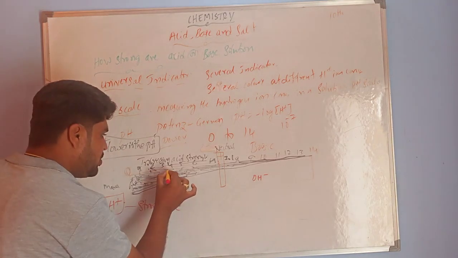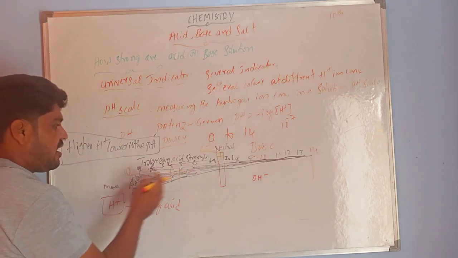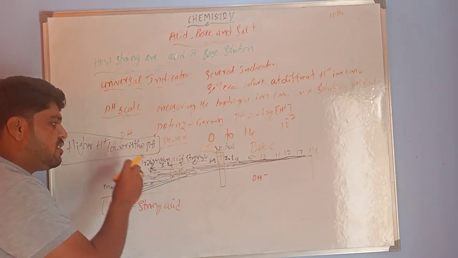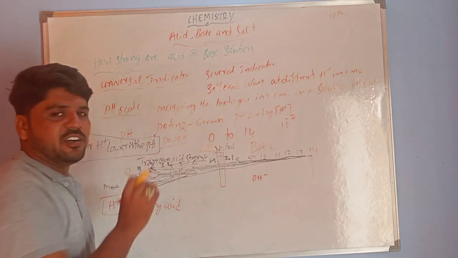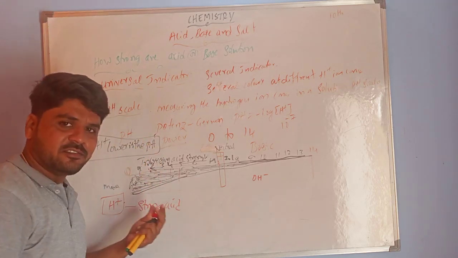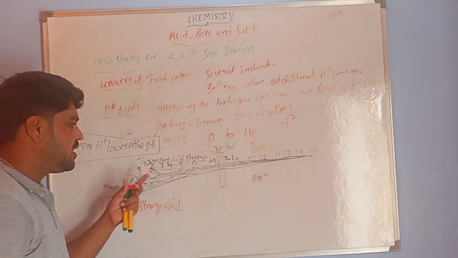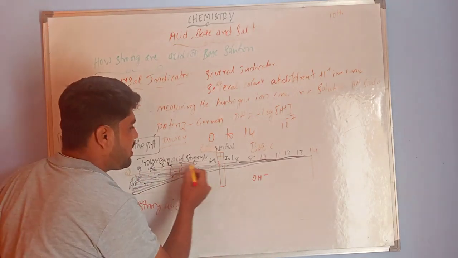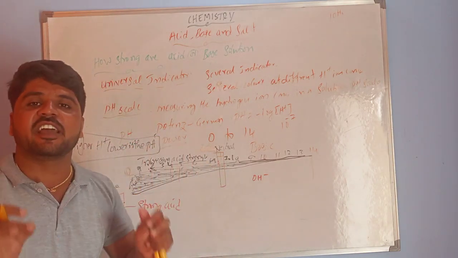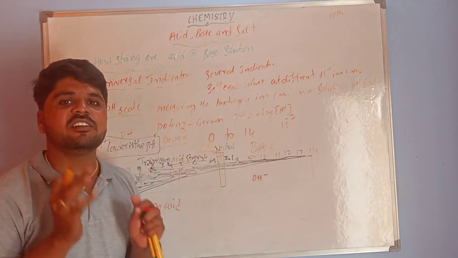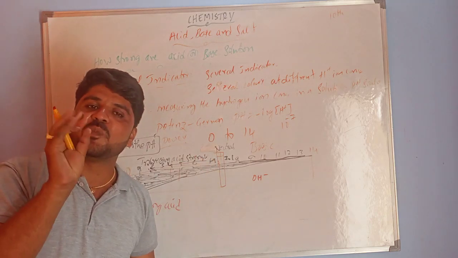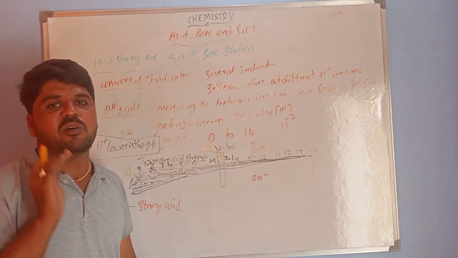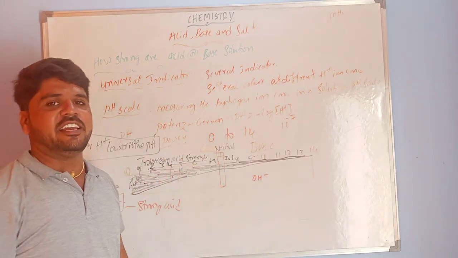If the pH is up to 3 to 4, or 4 to 5, we consider it a strong acid. Then 5 to 6.9, we consider mild acids. Mild means a small amount, or middle-aged, like that.